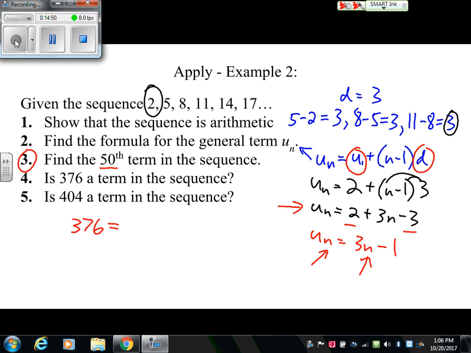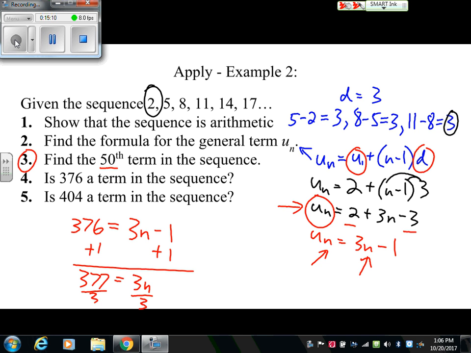So I'm going to take 376 and replace the u sub n with that. So I'm pretending that it's a term value. And then I'm going to just write 3n minus 1. To get n alone, I'm going to add 1 to both sides. I get 3n is now equal to 377. And when I divide both sides by 3, the question is, do I get a whole number?